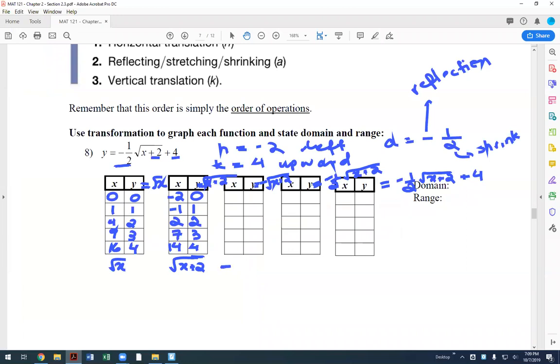So that would be just basically putting a negative in front of this function. We should be able to keep the same x values. What will happen to our y values here?